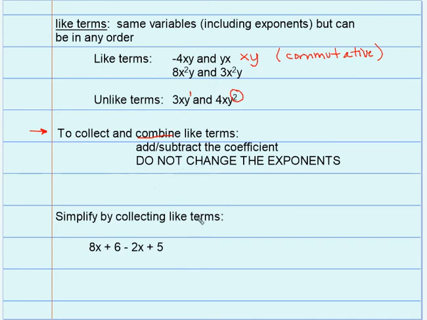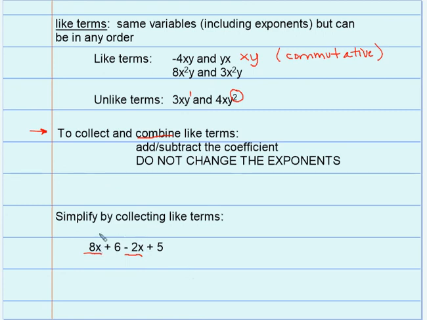We're going to do one example here: simplify by collecting like terms. The first thing I suggest you do is identify what your like terms are. So I have this positive 8x term, and this negative 2x term.